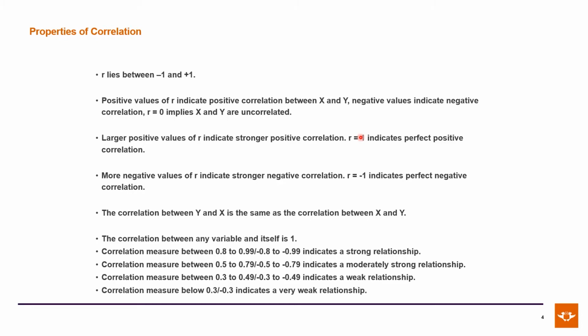The correlation between X and Y and Y and X is always the same. Okay, this is important. In other words, it doesn't matter which way around we analyze our data set. Your R, your correlation coefficient, will remain the same.